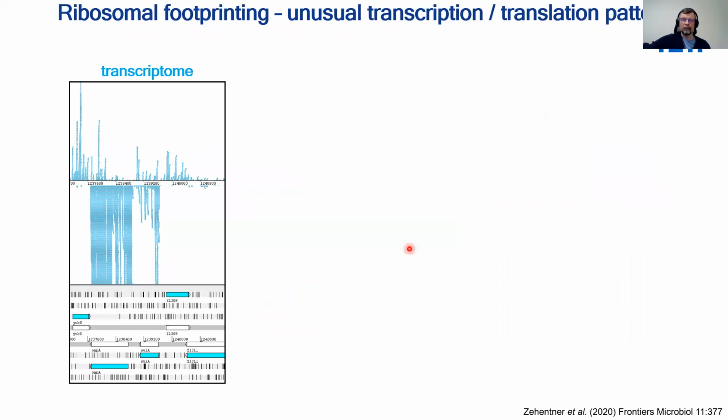So with ribosome footprinting, we now detected unusual transcription translation patterns. So this is the transcriptome, the standard RNA sequencing. Here you sequence the mRNA. And when you do that, you see for some genes high coverage with mRNA. Certainly you have to do it strand-specific. I haven't said that, but it's strand-specific.